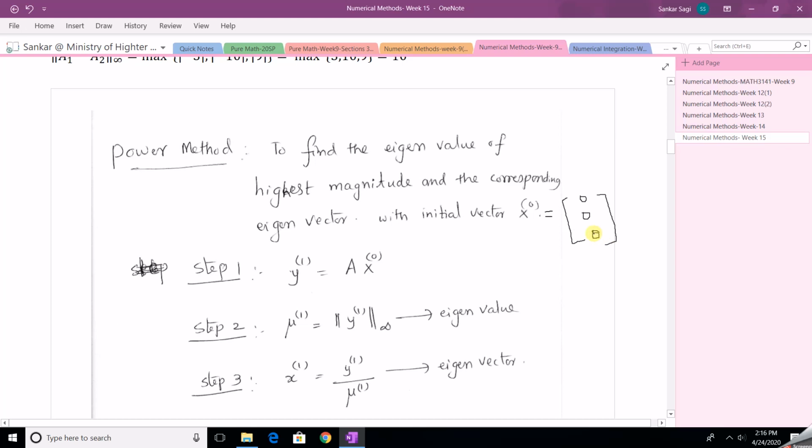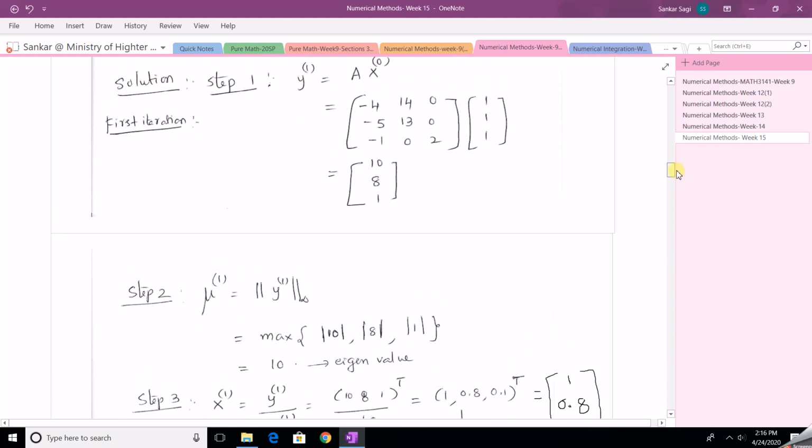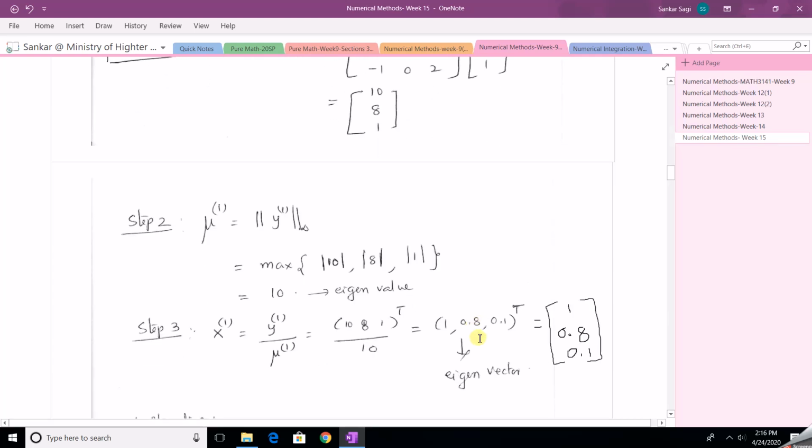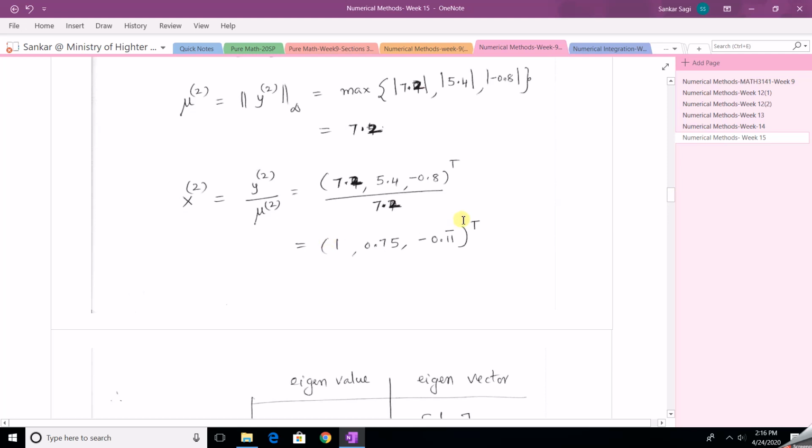If the initial vector is given as 0, 0, 0, then we got the eigenvector in the first approximation, and the corresponding eigenvalue is 10. And using this first approximation, we found the eigenvector in the second approximation. This is the eigenvector, and this is the eigenvalue of the highest magnitude.